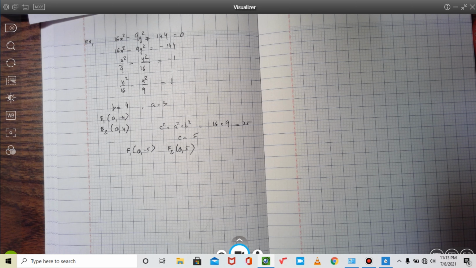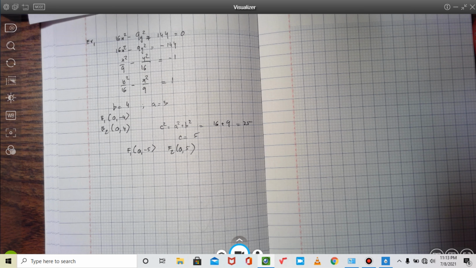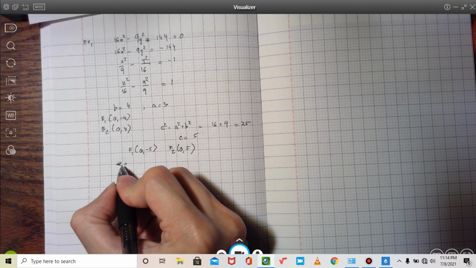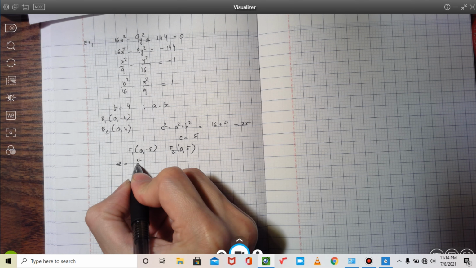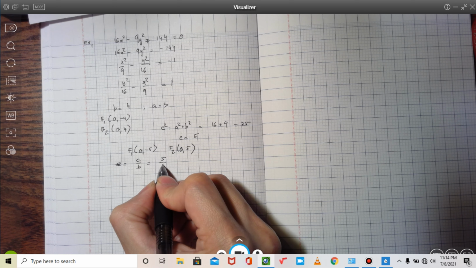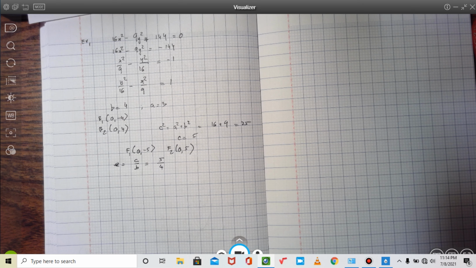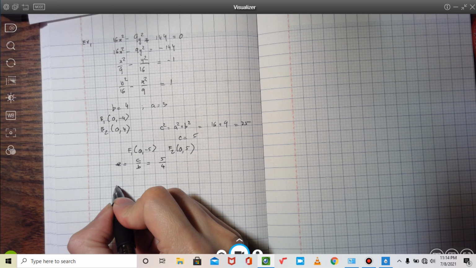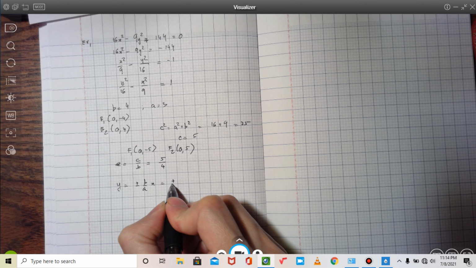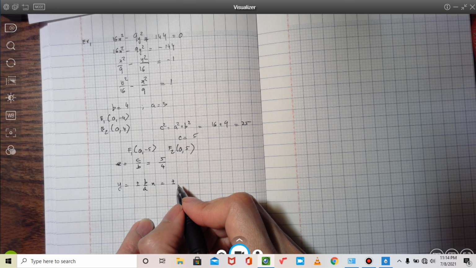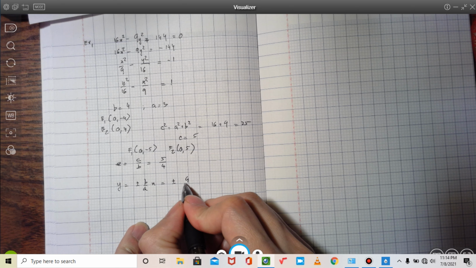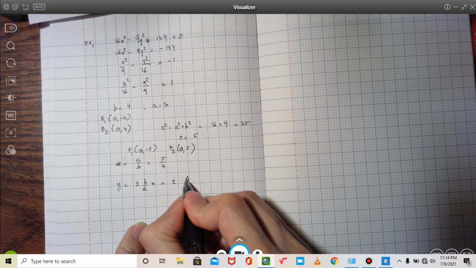And you can find the eccentricity. E will be C over B, so it will be 5 over 4. That is the eccentricity. The asymptote is y equals plus or minus b over a times x, so it will be plus or minus 4 over 3 x.